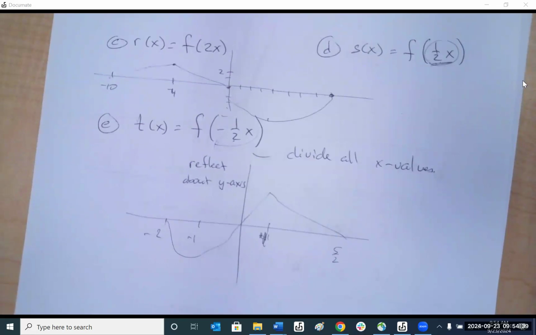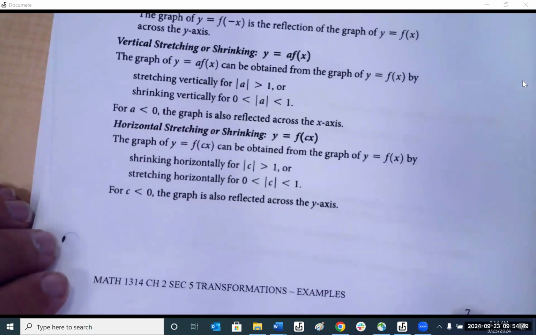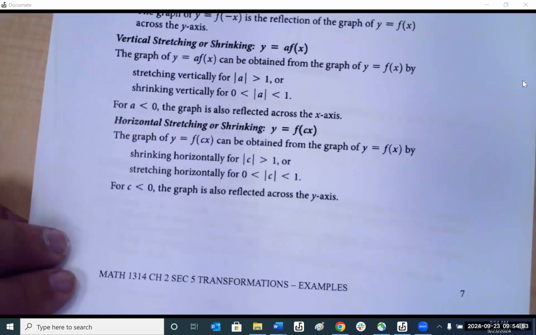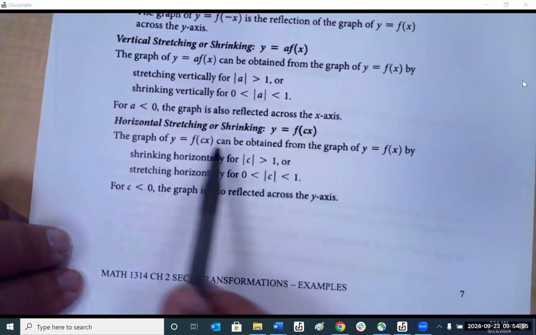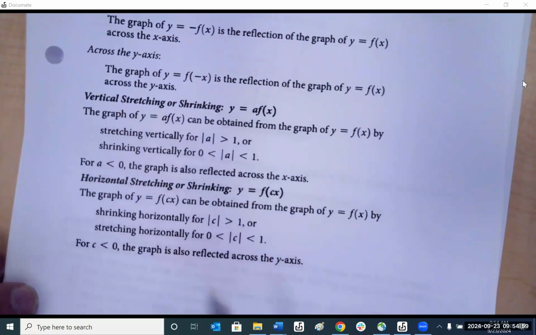More examples here. Oh, the last page, I was looking for this. This last page explains it all to you. It sums it all up. So if it's inside there, it's horizontal. If it's outside, it's vertical.